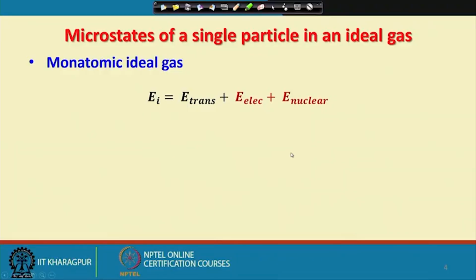gas, let us first look very closely at what happens to the microstates of a single particle in these systems. So, this is what we are trying to highlight over here.